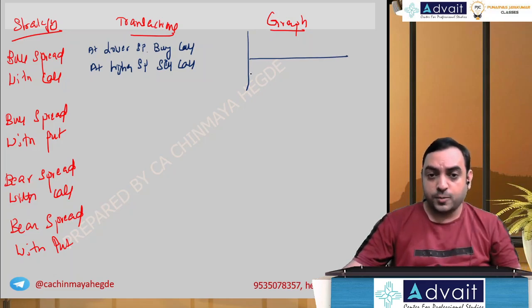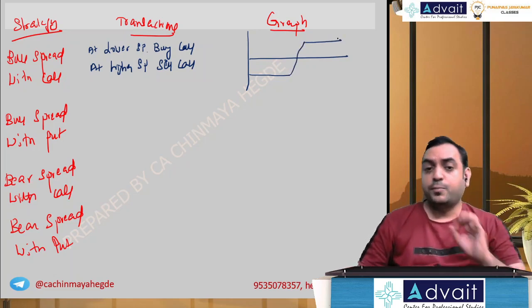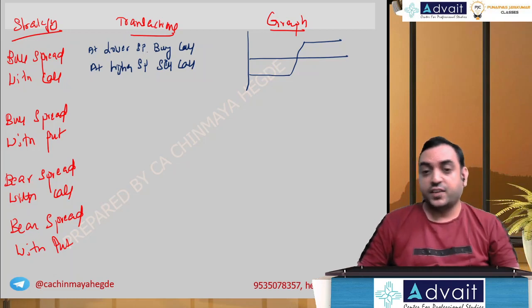Bull spread with call. So you have a limited loss when the market price is down. You have a limited profit when the market price is up. Spread, creating a difference.